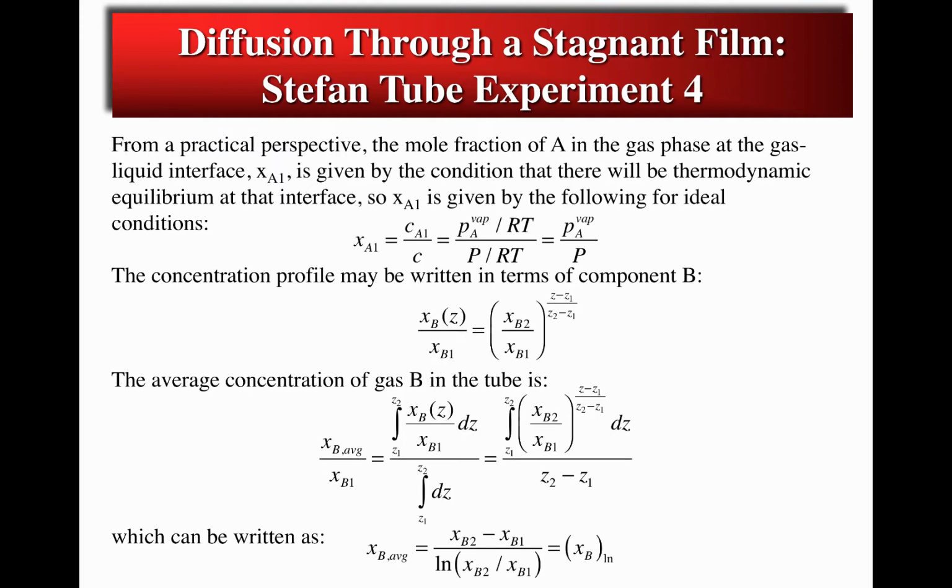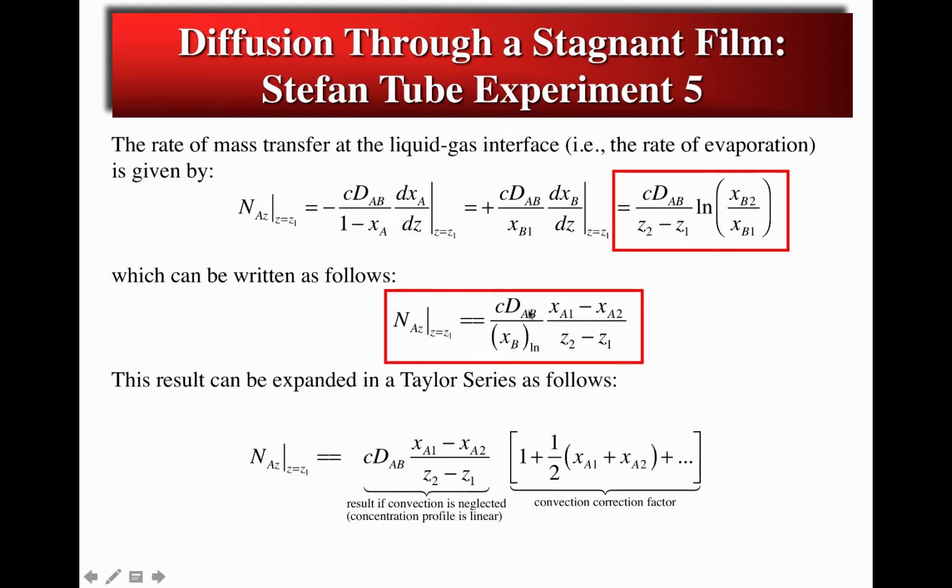And if we had simply neglected that 1 minus XA term that's shown here, then the solution to the differential equation would have looked like this. The flux would have been the molar concentration times the diffusion coefficient of A and B times the concentration difference between the top and the bottom of the tube divided by the gas phase distance through the tube.